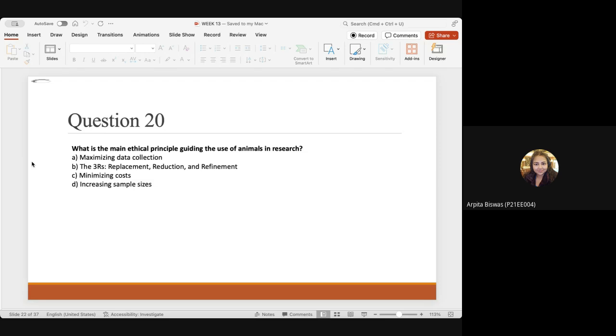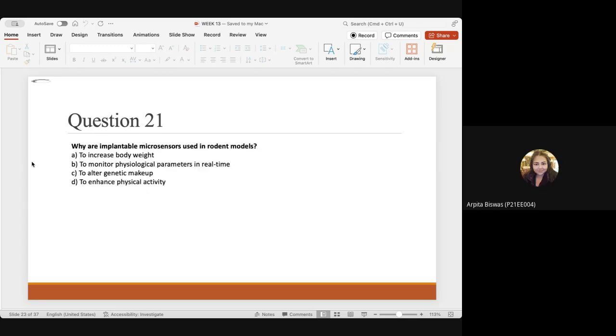There is no hurry, take your time, but at least try. Option B, 3Rs. Yes, option B, the 3Rs: replacement, reduction, and refinement.